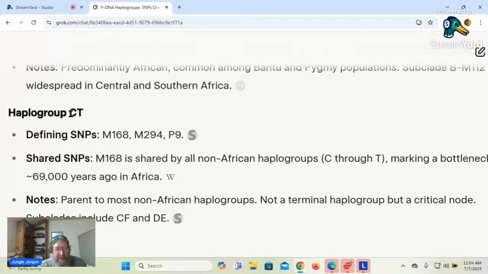Now this is CT, explaining that this marker is shared by everyone between C and T, assuming that C produces F and K all the way to T. But that's a false assumption.